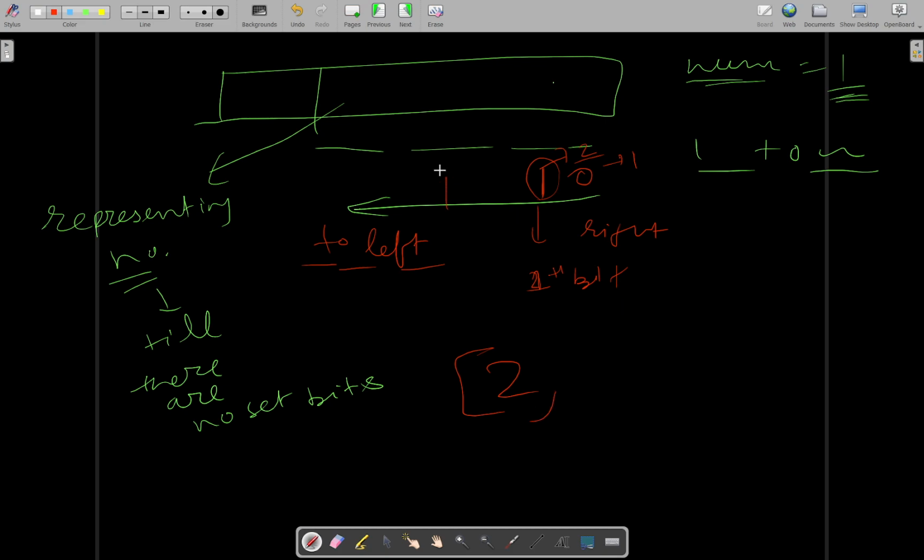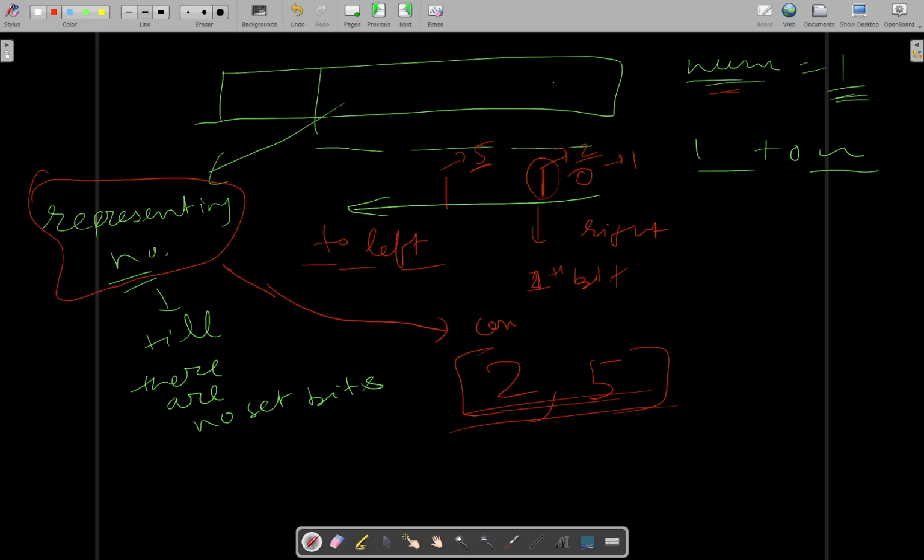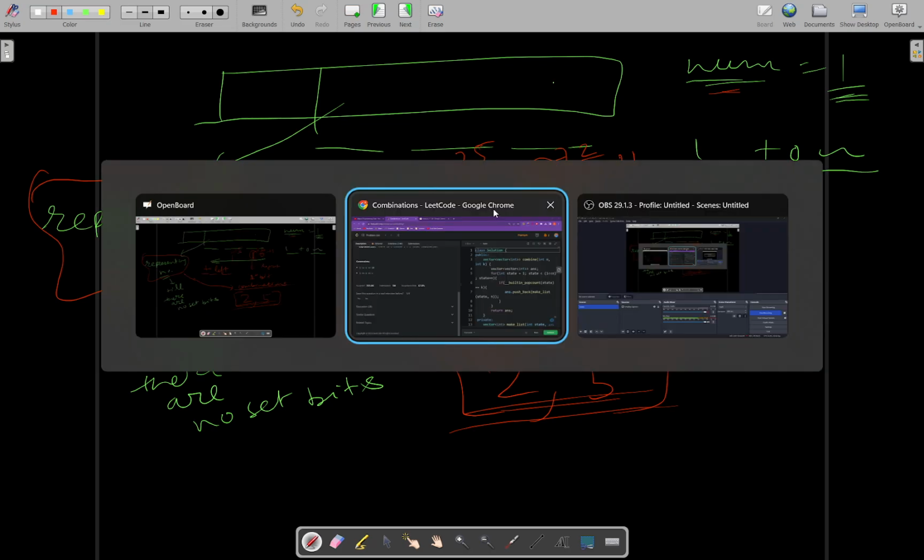Now let's say you encounter 5 as num's value here, and this bit was set, so we will add 5 to your combination. In that way you will be converting this representing number to combinations. I hope it's clear to you. If it's still not clear, it will be more clear in the coding part.